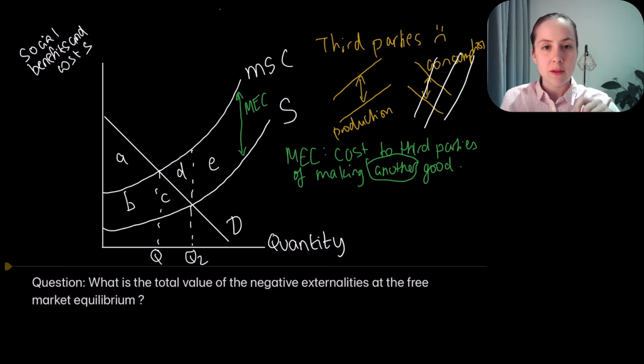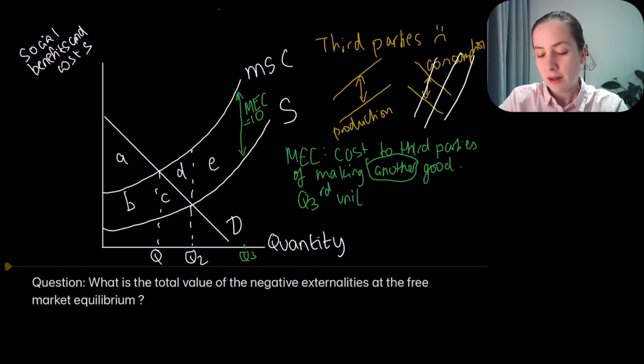It doesn't take into account the total externalities. But you have some key information. You can find the externality that one particular unit had by looking at the gap. So if this gap is 10, you know that the externality for this Q third unit was 10.